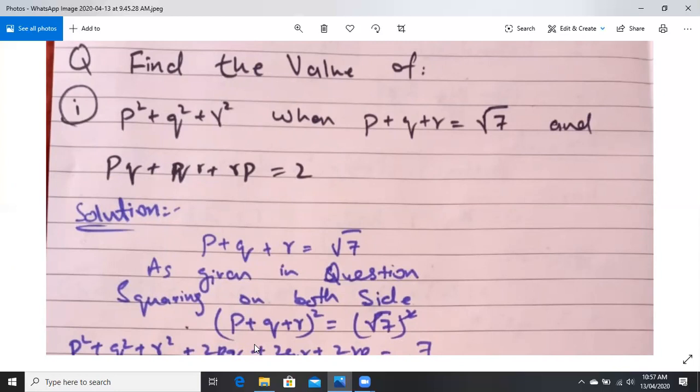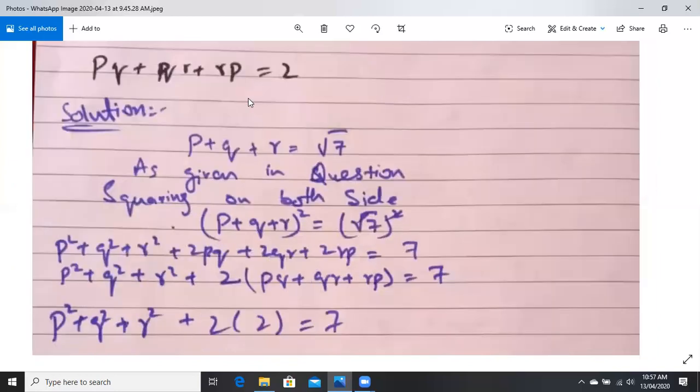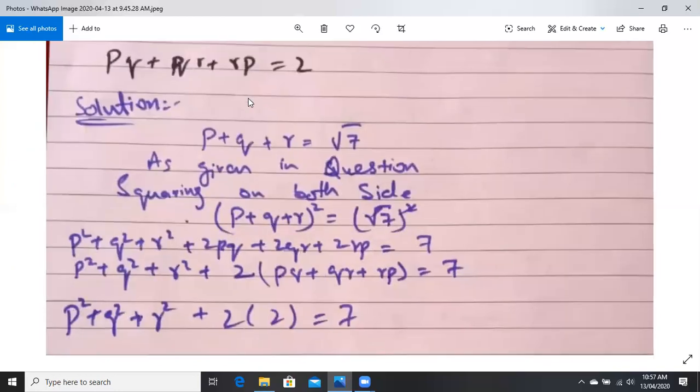We have to find the value of this, and here two values are given. Number one, p plus q plus r equals the square root of 7, and pq plus qr plus rp equals 2. So as given in the question, p plus q plus r equals the square root of 7. We just take the square of both sides because this becomes the form of the a plus b plus c whole square formula.